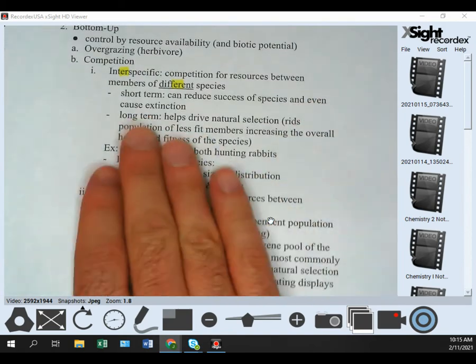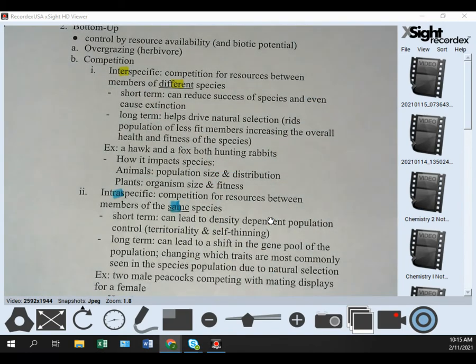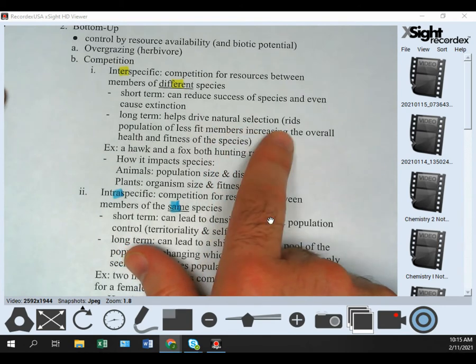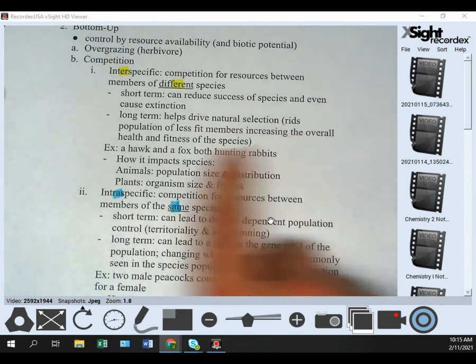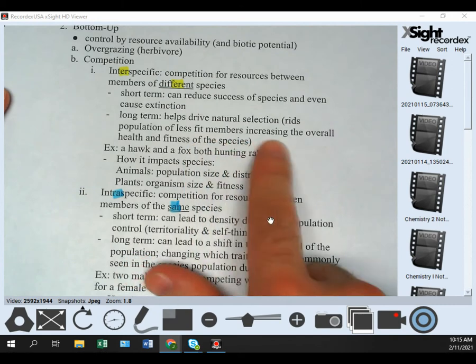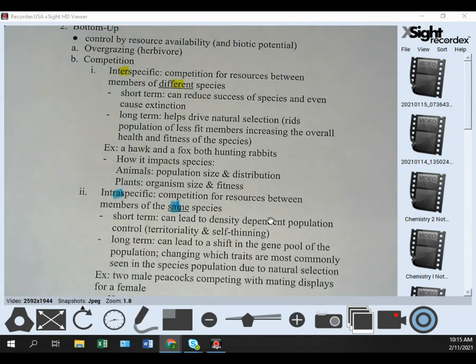Long-term interspecific competition helps drive natural selection. In other words, it rids the population of the less fit members, increasing the overall health and fitness of a species.